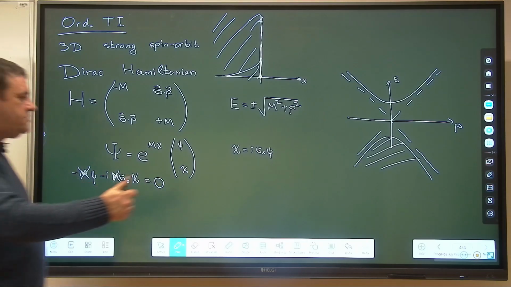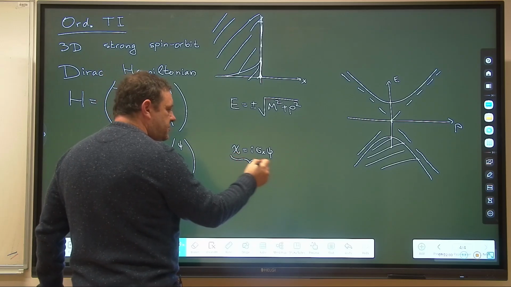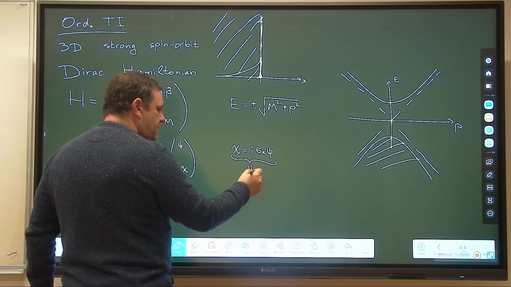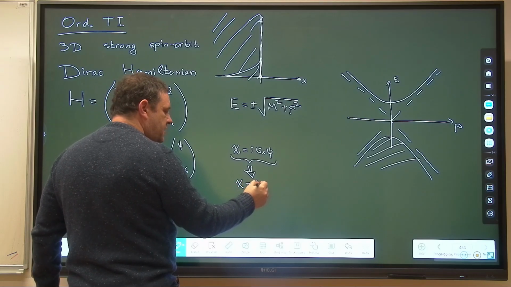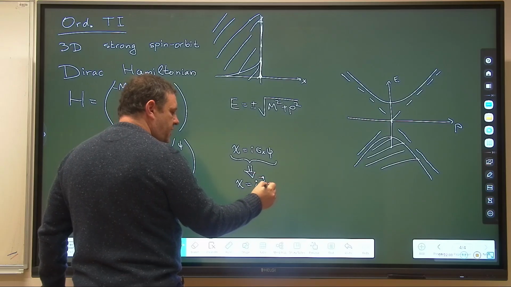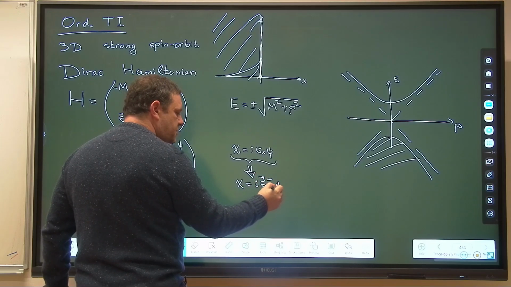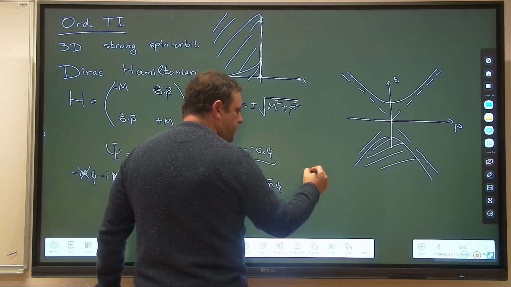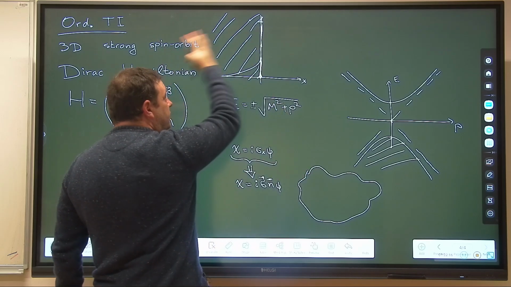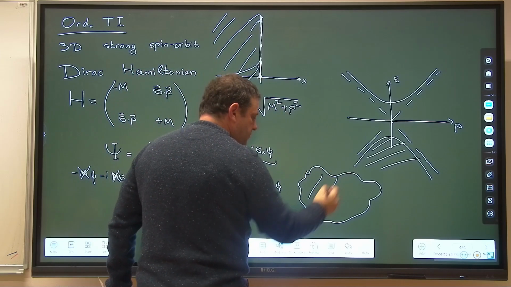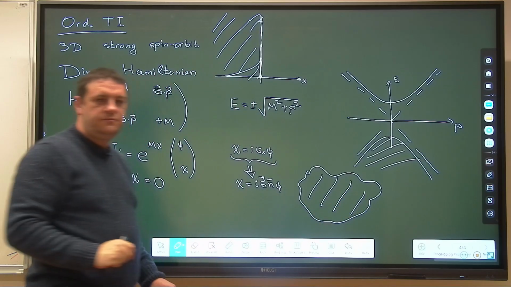And actually I can generalize this condition by writing chi equals i sigma n psi. So now I have a sample which is not a half space, it's just some random shape.